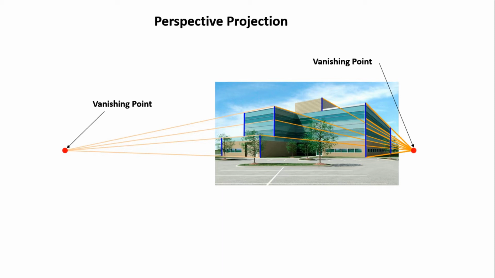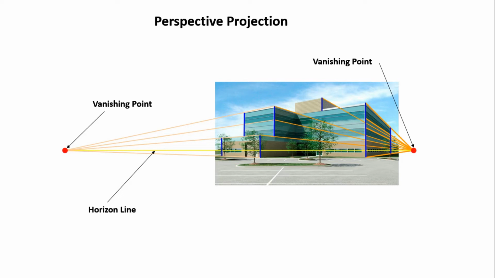So in the previous case it was single point perspective, that is only a single vanishing point was there, and in this case there are two vanishing points, and that's why it is known as 2-point perspective. The two vanishing points will be in the same horizontal line, and this horizontal line which joins the vanishing points is known as the horizon line.